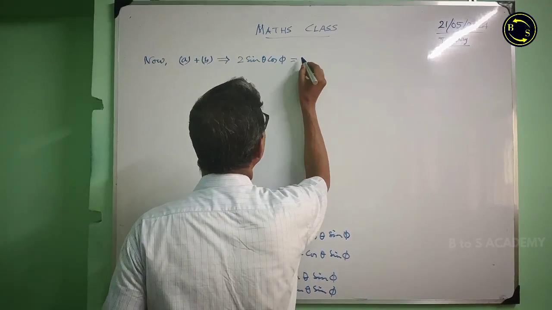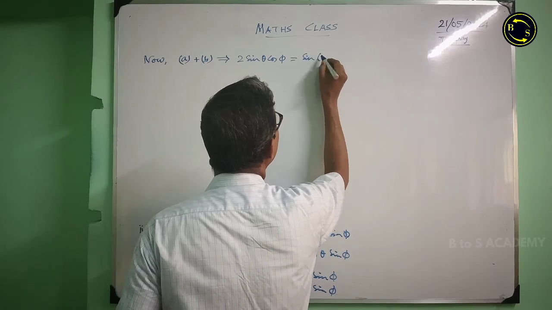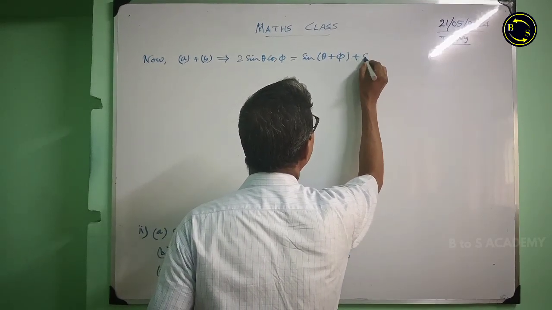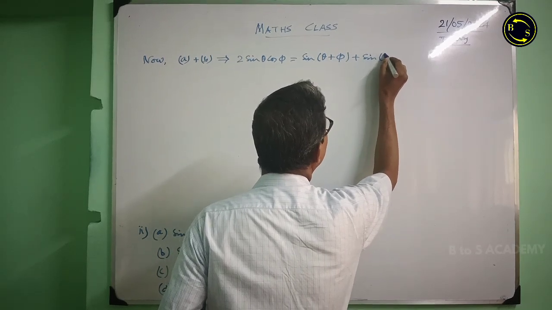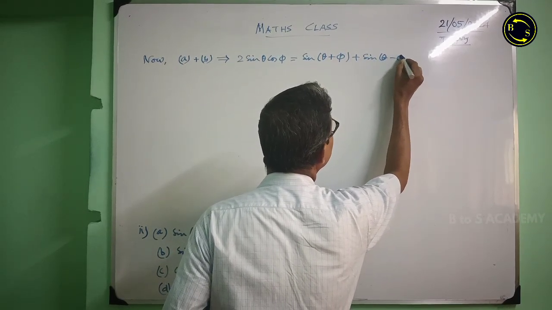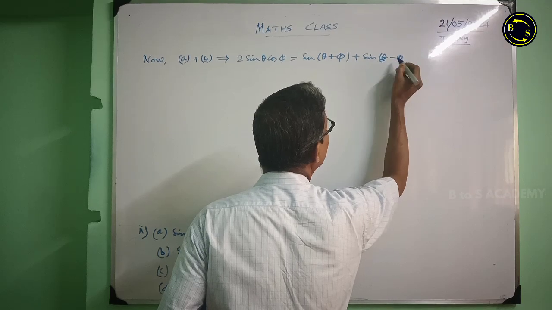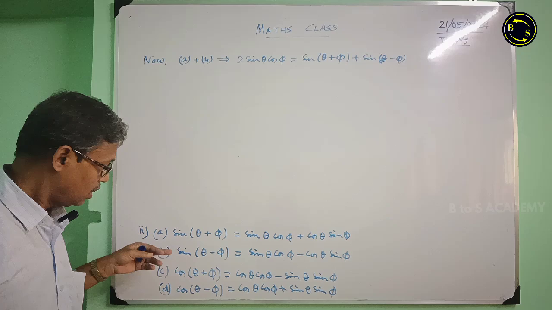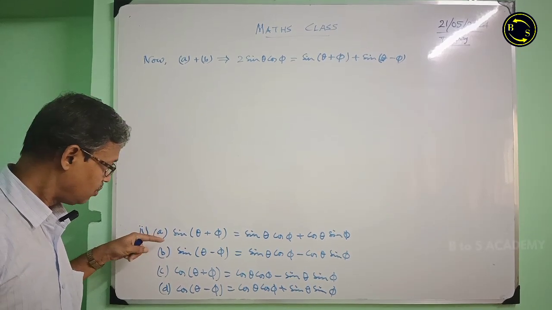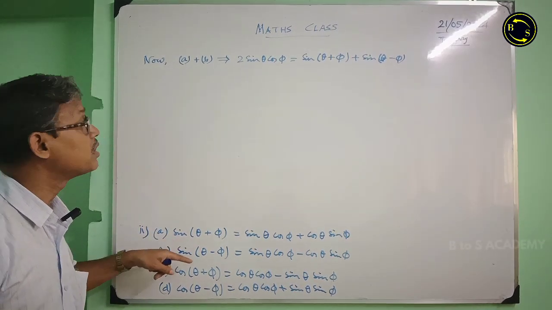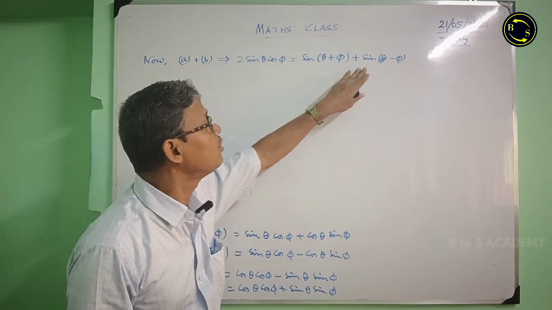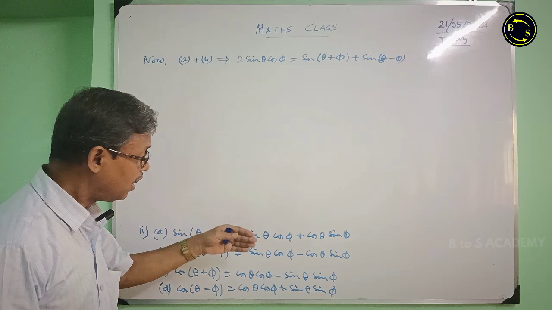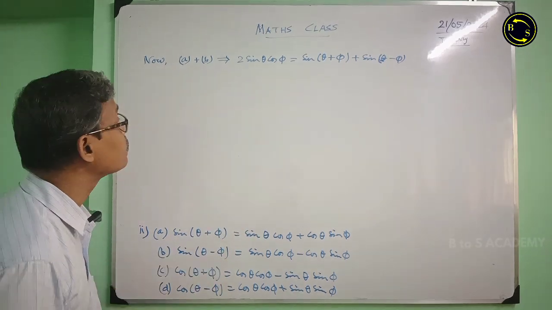That will be equal to sin of theta plus phi plus sin of theta minus phi. If we add these two, then we get sin of theta plus phi plus sin of theta minus phi, that has been written on the right side, and from the left side we get 2 sin theta cos phi.